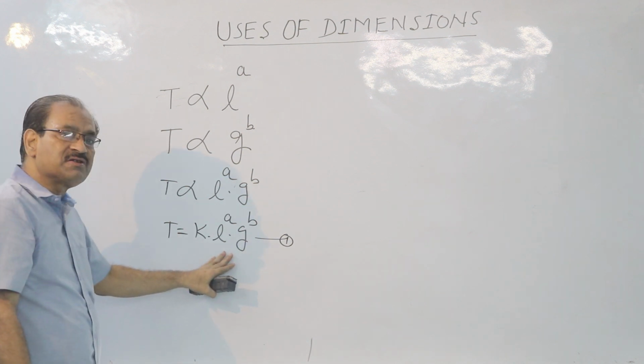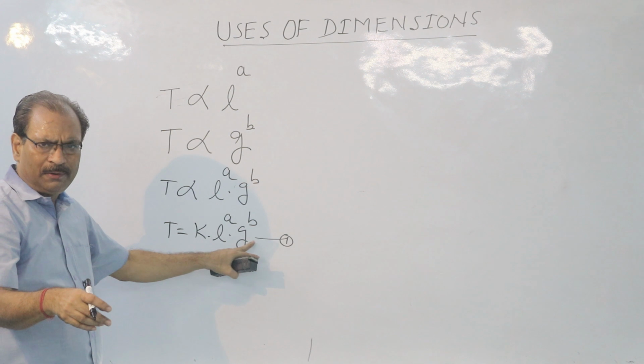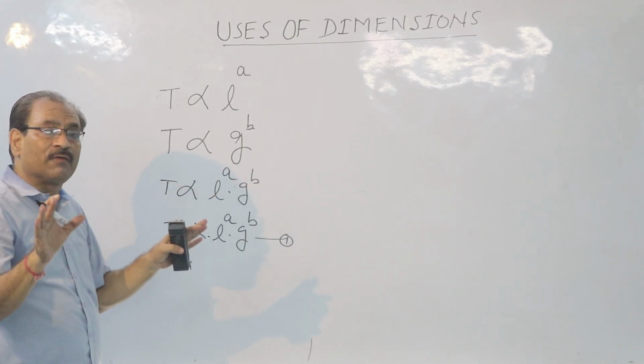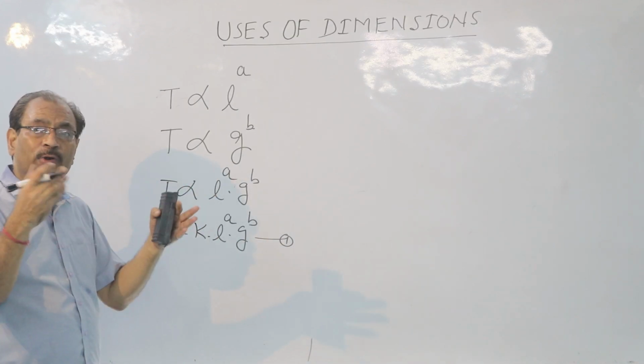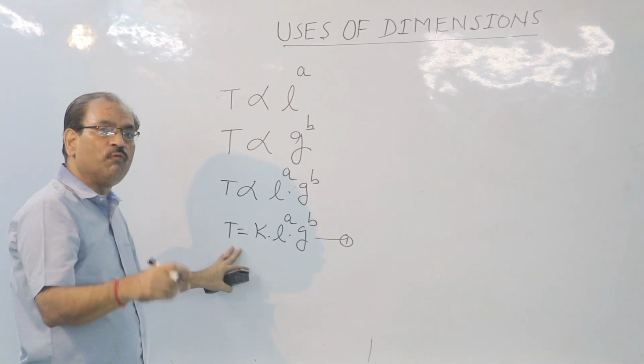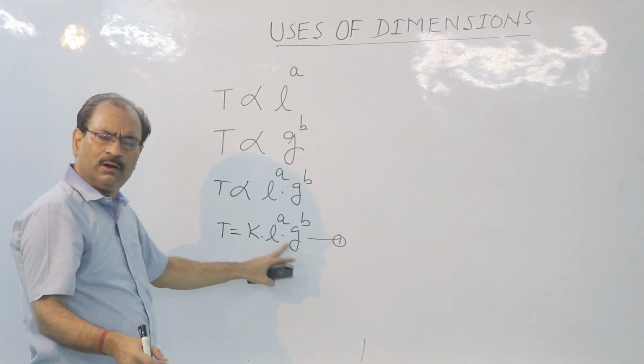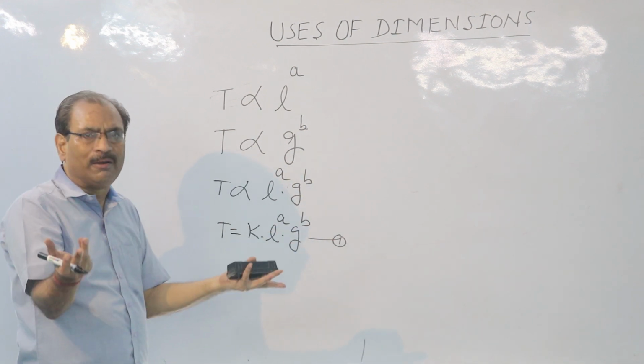Children, after this step, our main target is to find out the values of A and B. Now be careful in doing the calculation work. How to do the calculation? Now we shall be writing the dimensions of T, L and G. K, of course, has no dimensions.